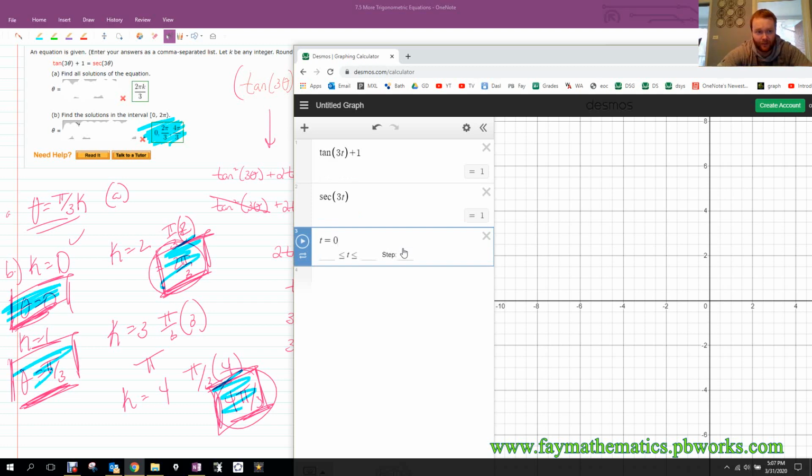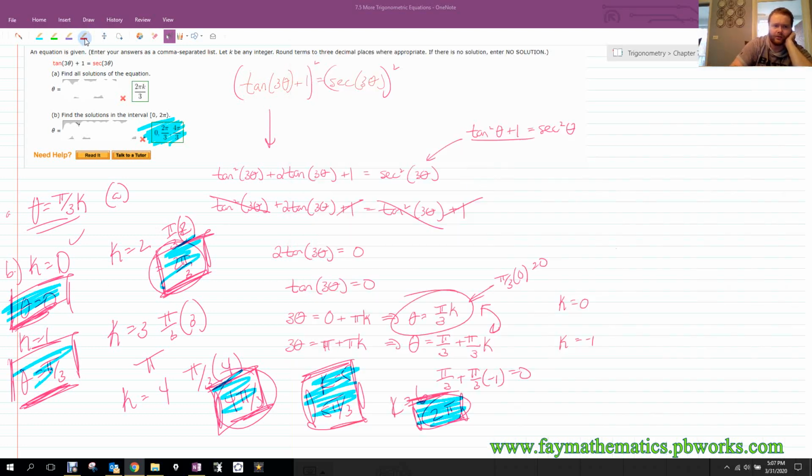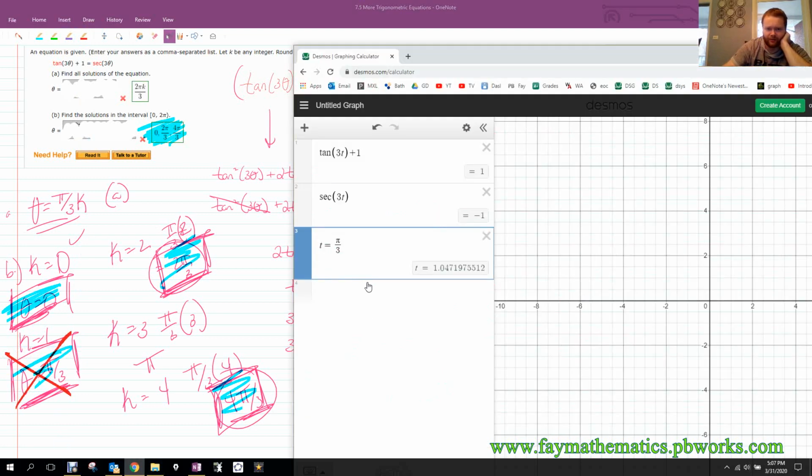So they do. So that's going to be a solution, so I highlight that one. Then I go pi over 3. And there you see, now when I get pi over 3, they're different. So not a solution. Then I'm going to try 2 pi over 3. Both give me 1, so we're good. So that's a solution. Try 4 pi over 3. Oh, I guess I didn't highlight this one.